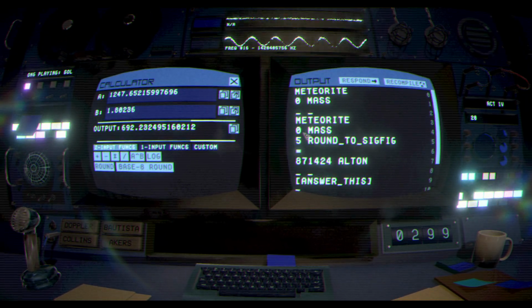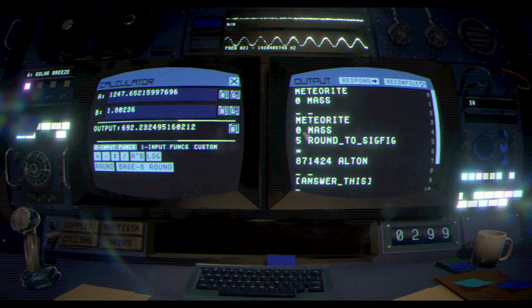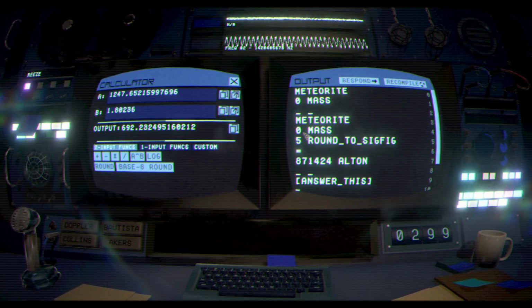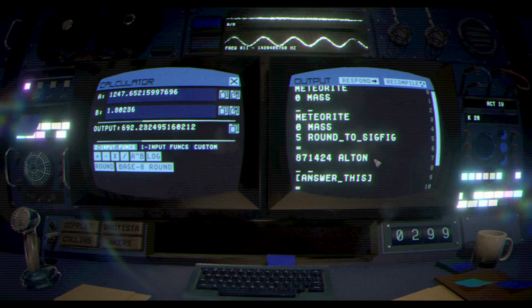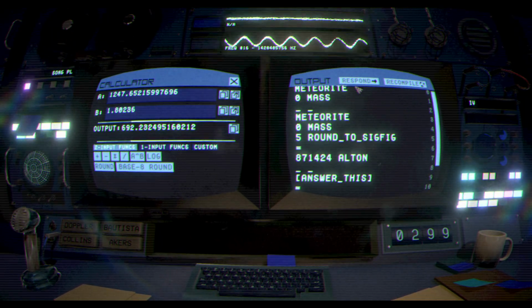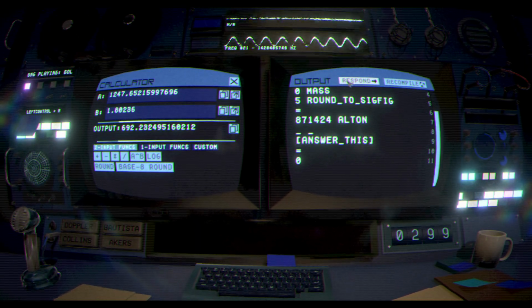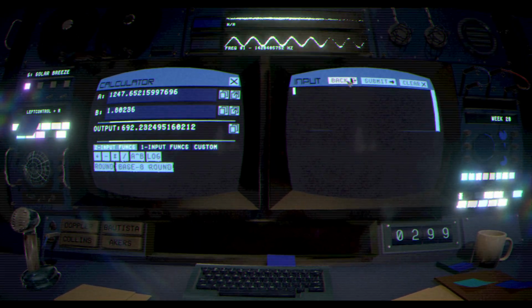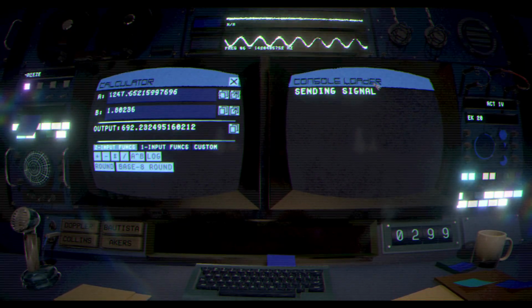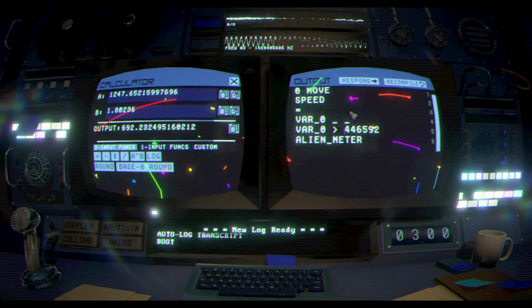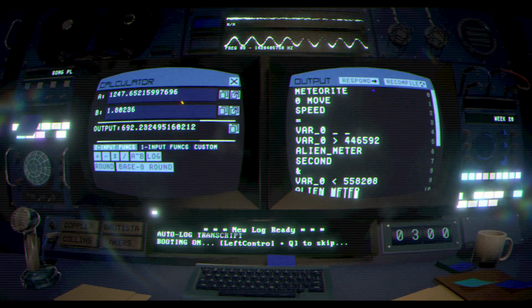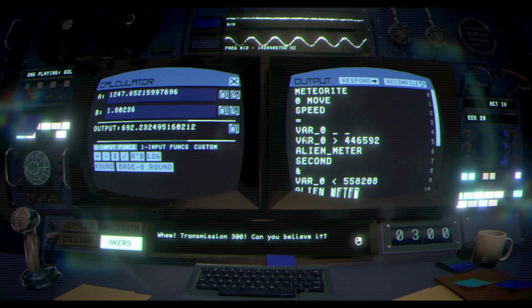Well, I guess the Alton was measuring... No, yeah, that doesn't seem right. So it's probably not as small as a Dalton. It's probably more like a gram.